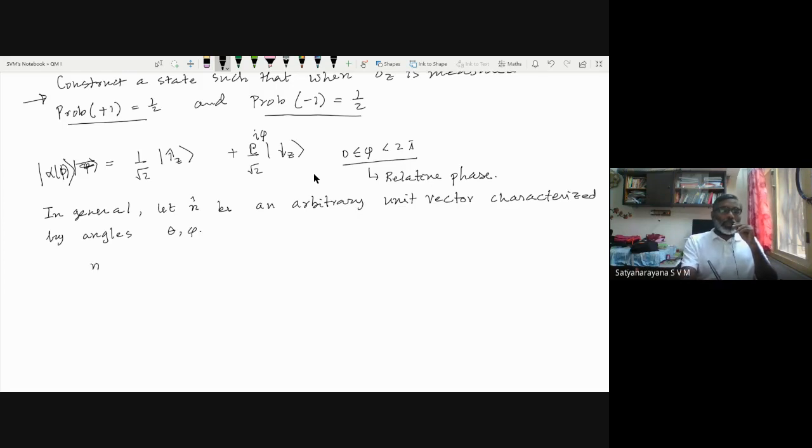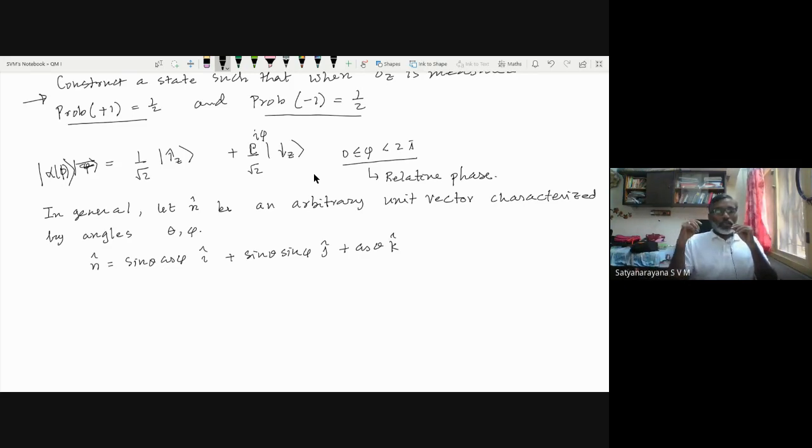That means your n cap can be written as sine theta cos phi into i cap plus sine theta sine phi into j cap plus cos theta into k cap. These are called direction cosines: sine theta cos phi, sine theta sine phi, cos theta. Modulus of n is 1, so that is why it is called a unit vector.